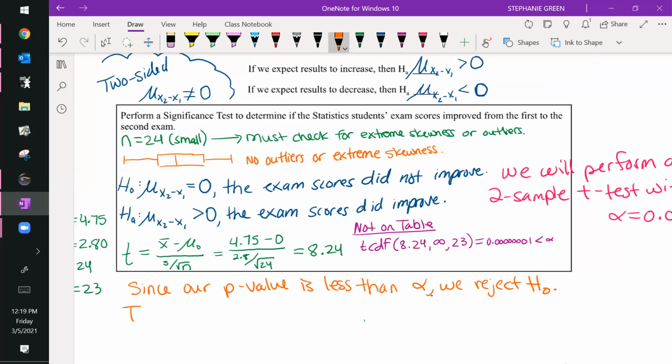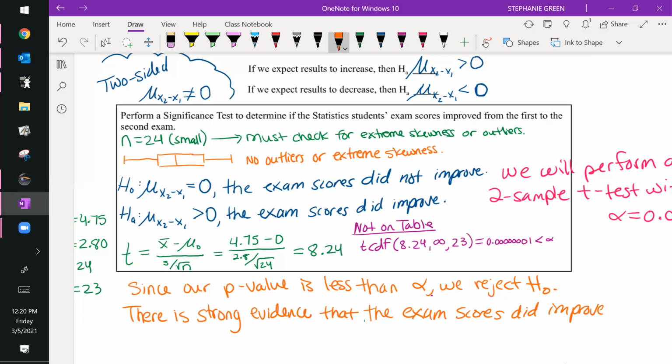That means there is evidence, and in this case, there is strong evidence because our p-value is super tiny, that HA is true. And what was HA? The exam scores did improve. All right, and that is it for 3.2.